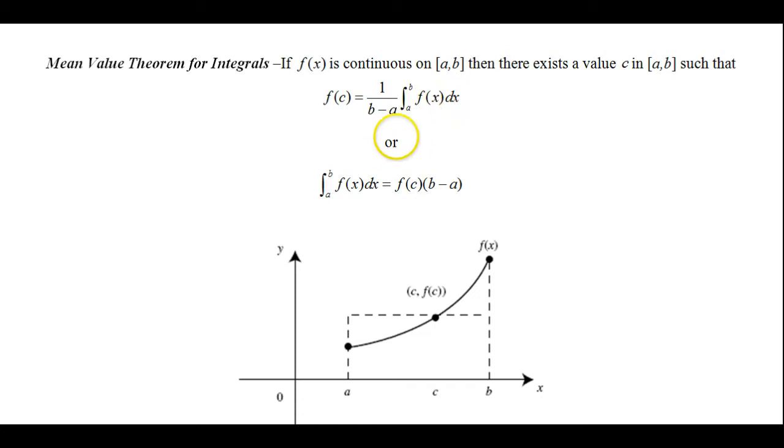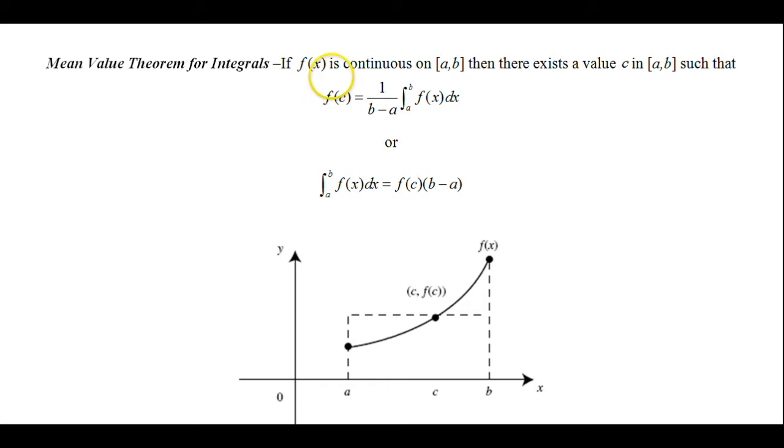Or another way to say that is the integral from a to b of f of x equals f of c times b minus a. So that would be just moving this quantity here, this b minus a, multiplying it to the other side.